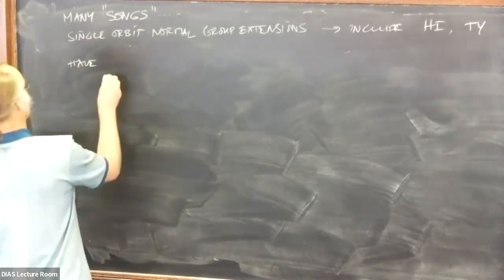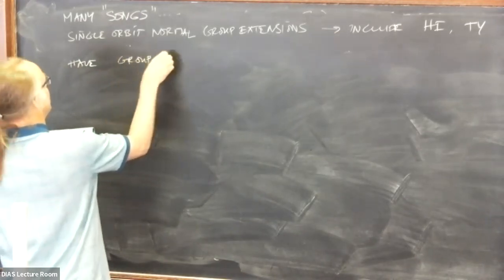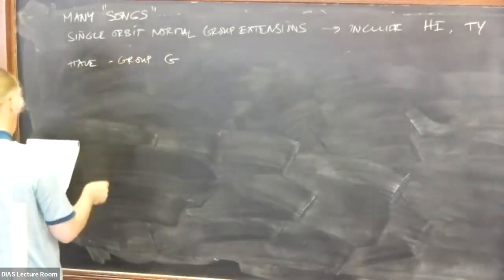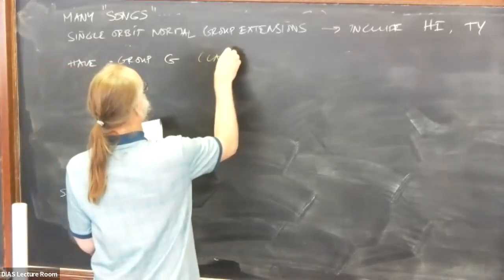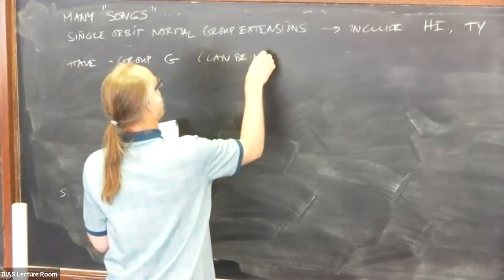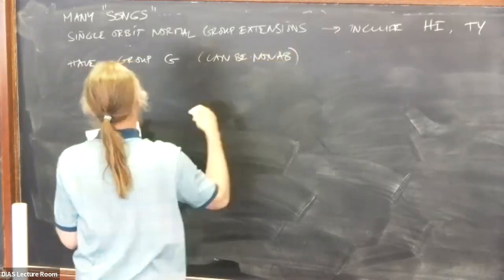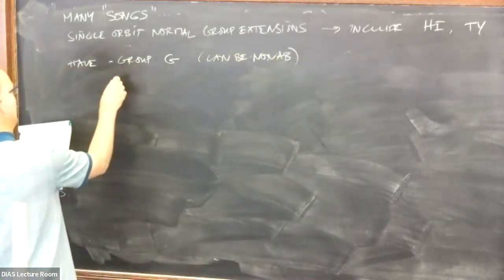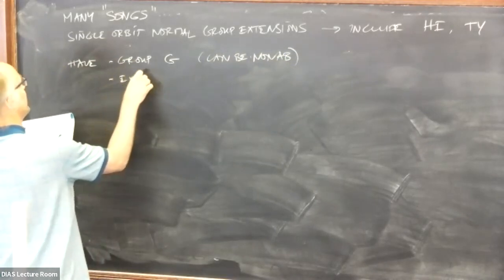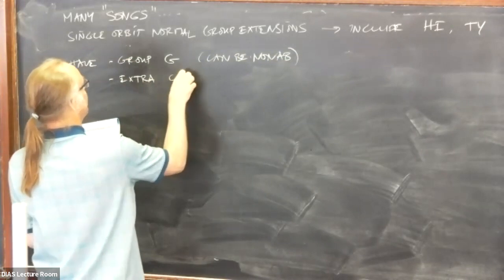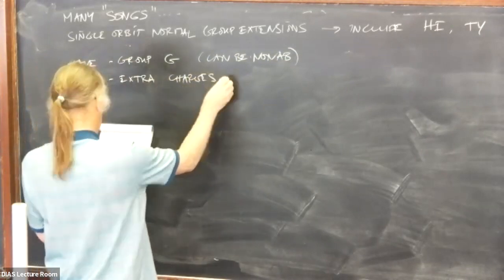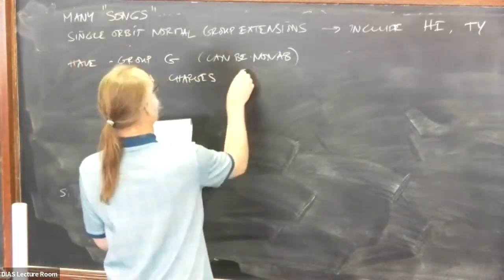But at least we have a group G, and it can be non-Abelian. Then on top of that, we have some extra set of objects. So we have extra charges, which you might again label with T's, right?